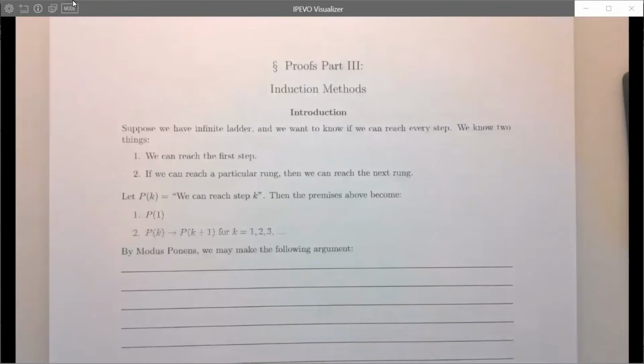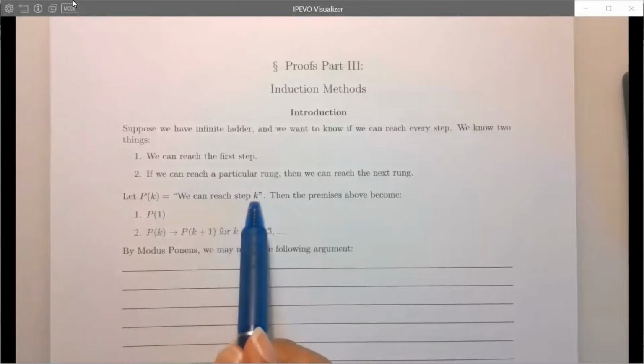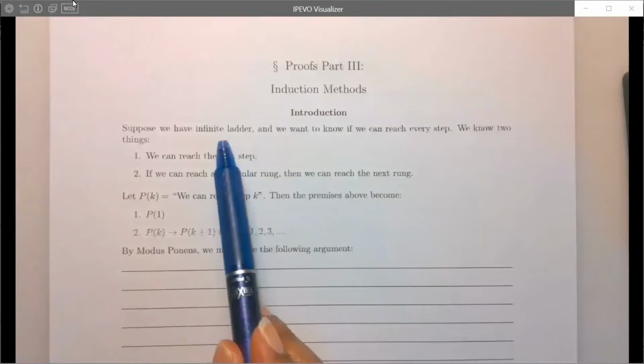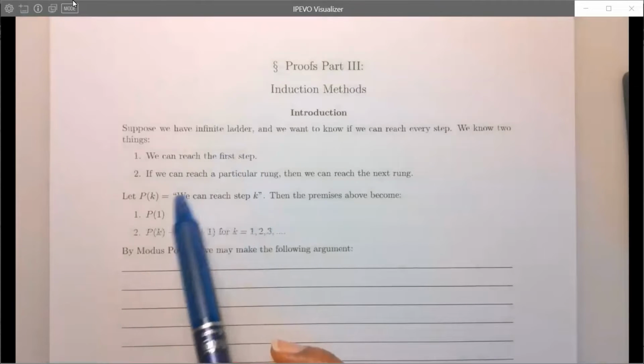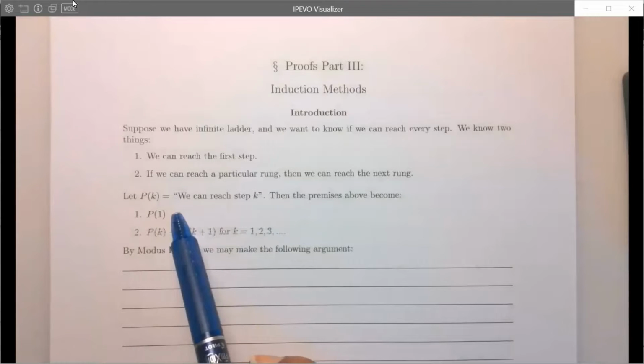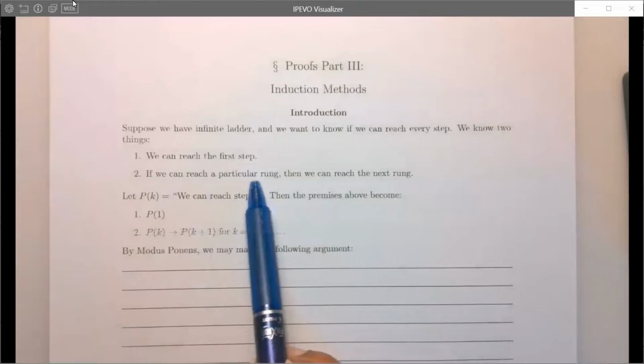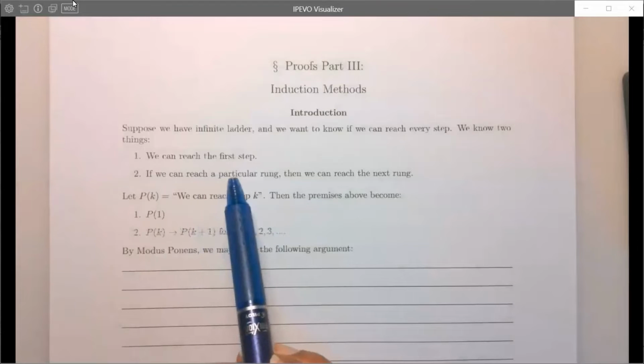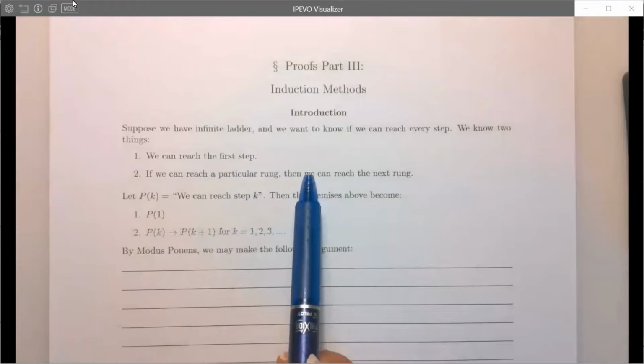If we were to write a propositional function representing this statement, we could write P of K is the statement, we can reach step K. Then the premises that we've written here, the givens, would be P of 1, meaning we can reach step 1, and that would be true. And the second premise would be, if we can reach a particular rung, then we can reach the next rung.